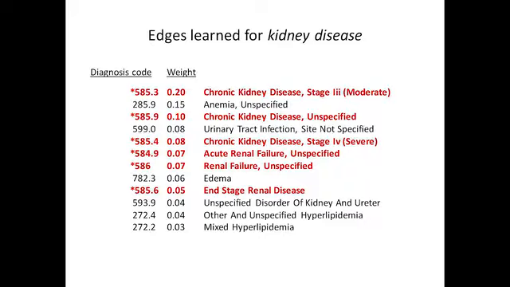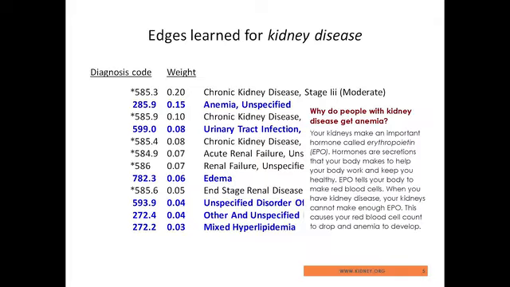The second thing you observe is that there are a number of other diagnosis codes which are explained by this kidney disease comorbidity, such as anemia, urinary tract infections, and so on. And that aligns well with what's known in the medical literature about kidney disease.